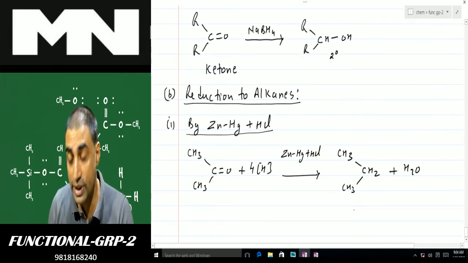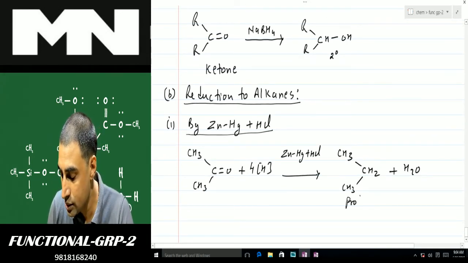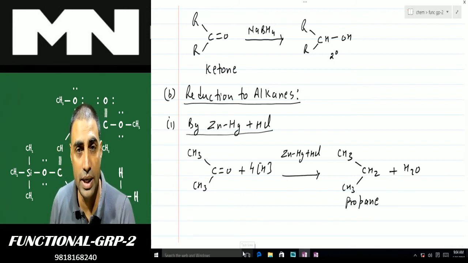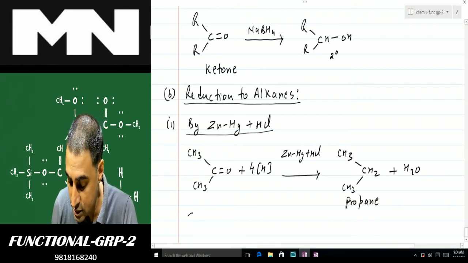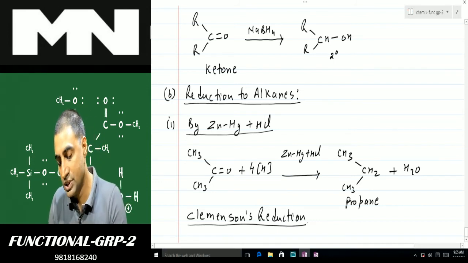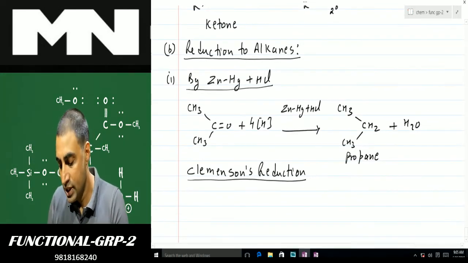So the compound you are getting is propane. So here you can see reduction to alkane. This reduction process is known as Clemmensen's reduction.